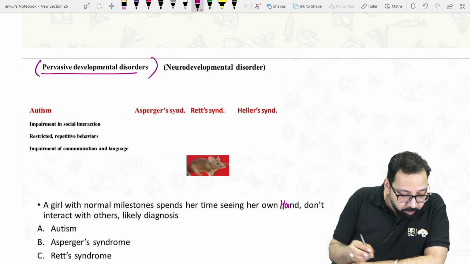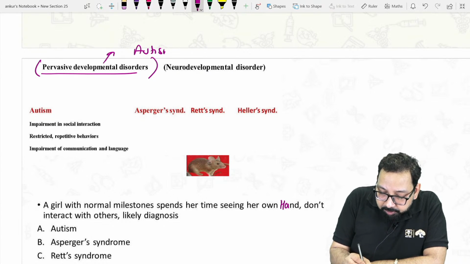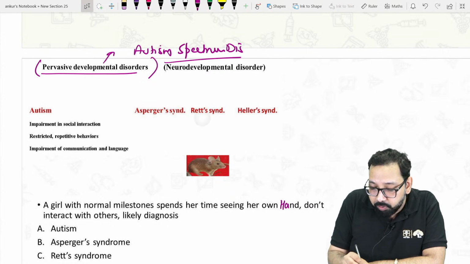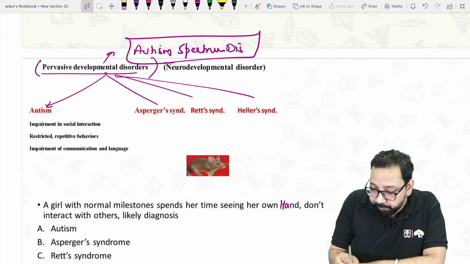Pervasive developmental disorder, or the new name, autism spectrum disorder, according to DSM-5 and ICD-11, includes these four.